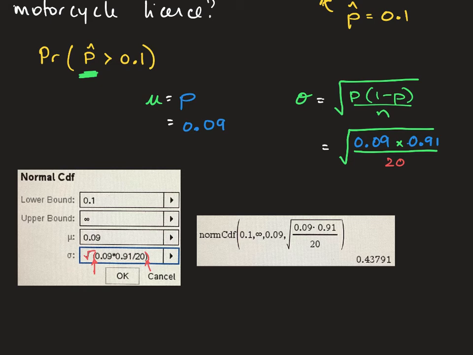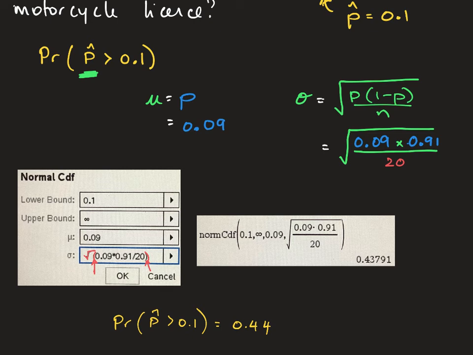So finally, we get to the fact that the probability that p hat is greater than 0.1 is 0.44. So the probability that more than 10% of a sample of 20 teachers at your school hold a motorcycle licence is 0.44. So at least 2 of them have most likely got a motorcycle licence.